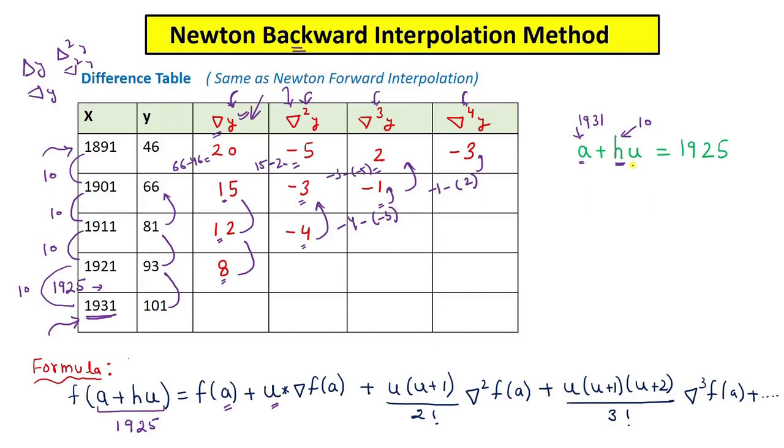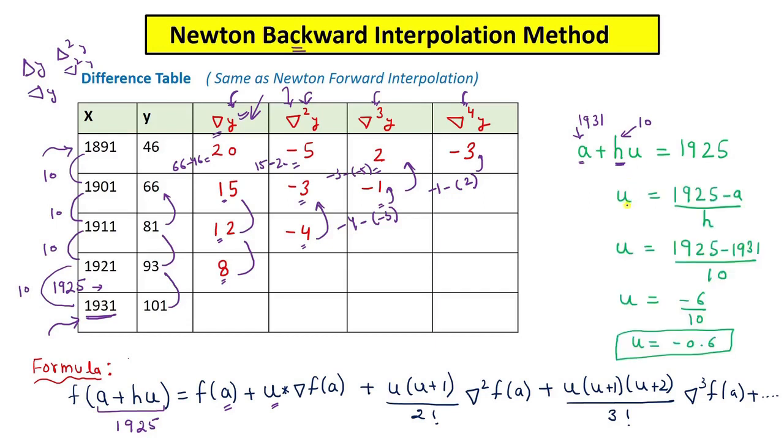Now we can find the value of u. So u will be equal to 1925 minus this a value, upon this h. If we put a equal to 1931, we get u as minus 0.6. So this way we can find the value of u.